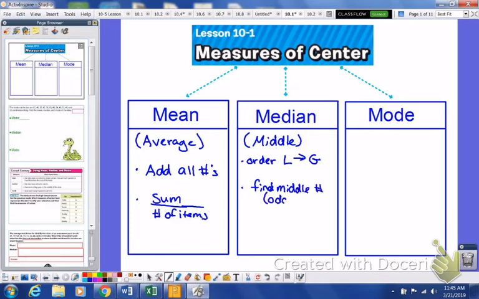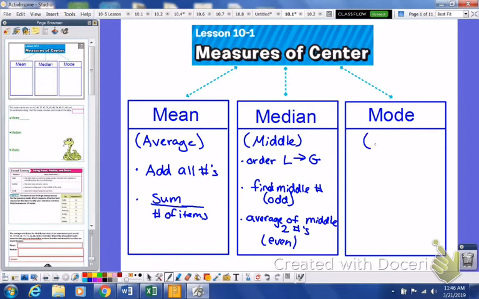If you have an odd amount, so like if we have 9 items, you would find the middle number. If you have an even amount, so like if you had 10, there is no middle number, so you have to take the average of the middle 2 numbers.